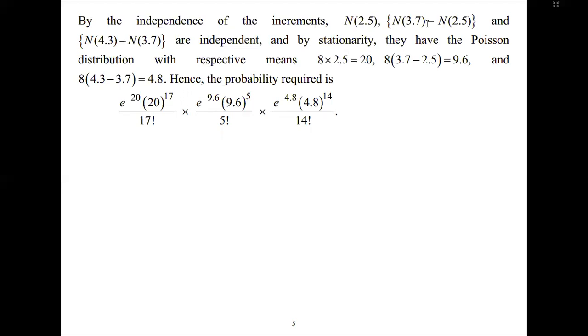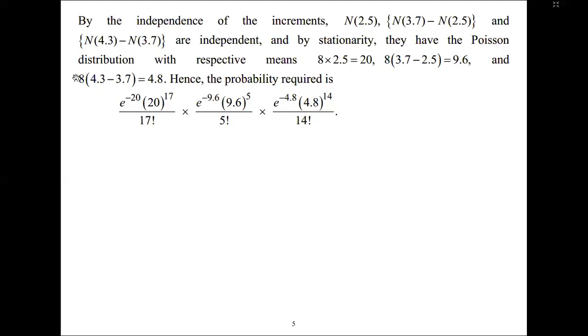For the second part, the time interval will be 3.7 minus 2.5. You multiply that time interval by 8, which gives 9.6. So the second Poisson distribution has a rate lambda equal to 9.6. For the last one, the time interval is 4.3 minus 3.7.